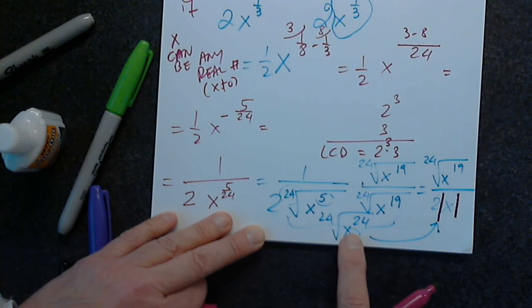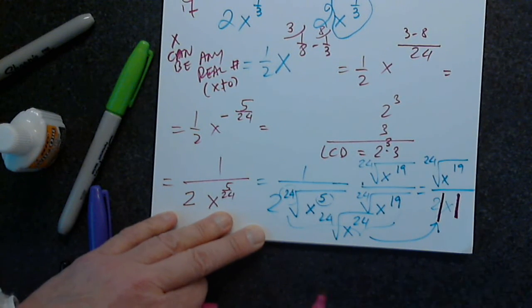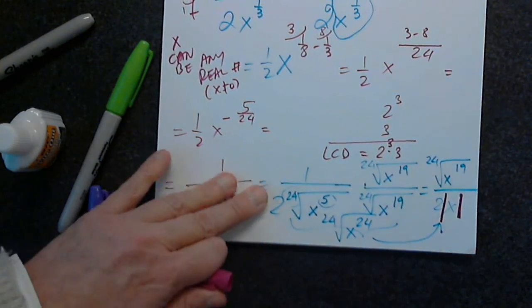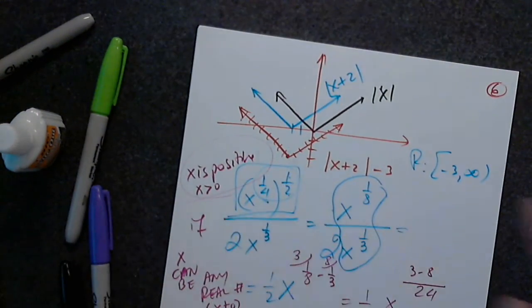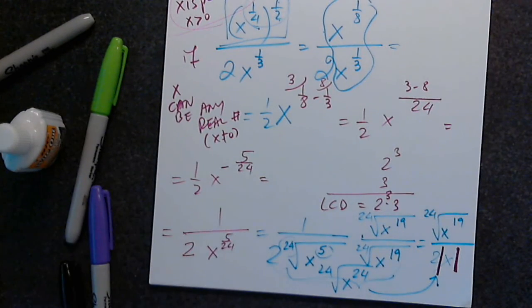The 24th root of x to the 24th is the absolute value of x, if x can be any real number. If I'm told x is positive, don't worry about absolute value. But if I'm told x can be anything, and we had an example like that.